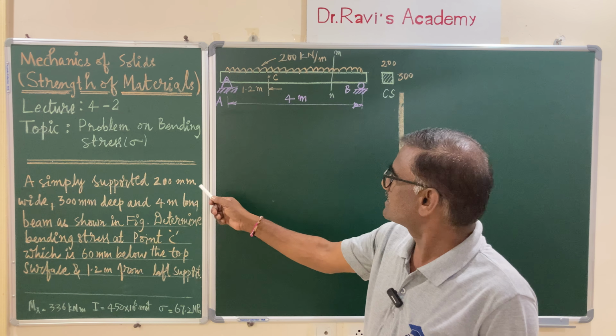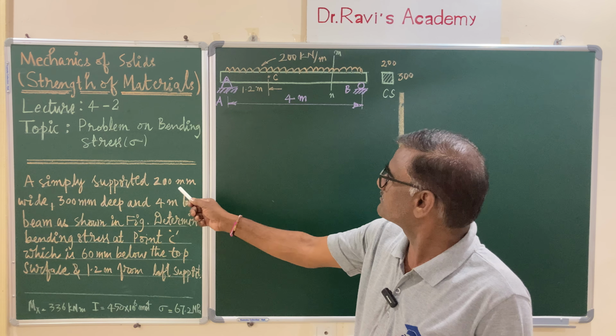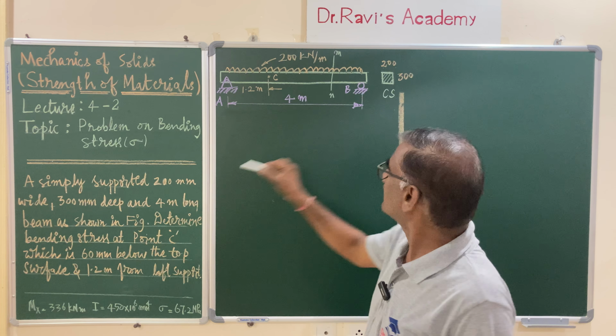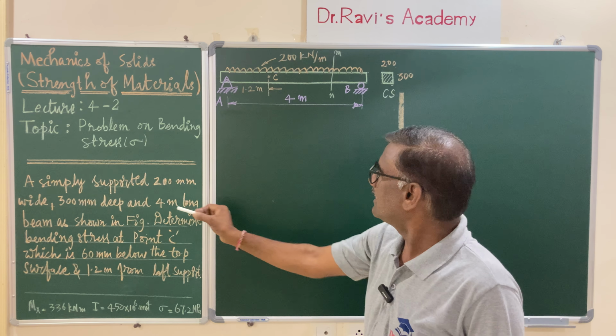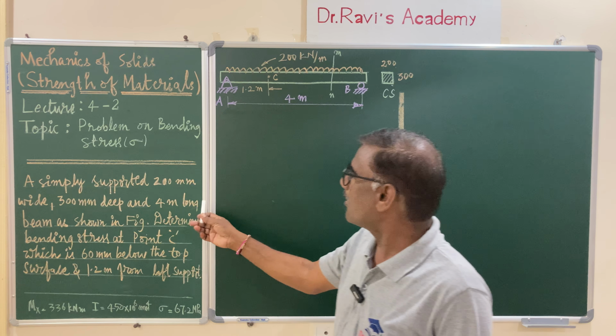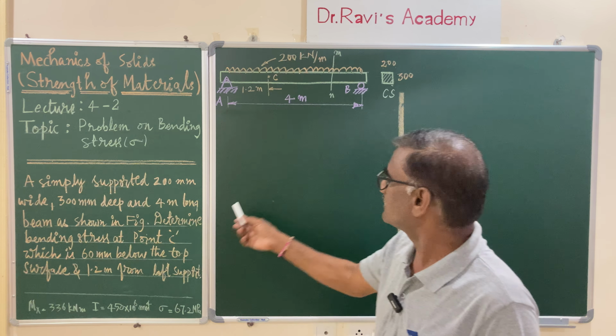A simply supported beam, that is SSB, having a width of 200 mm and 300 mm depth, and the length is 4 meters, that is 4000 mm long, as shown in the figure.